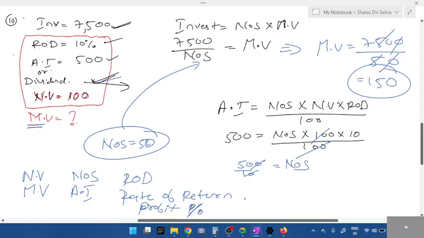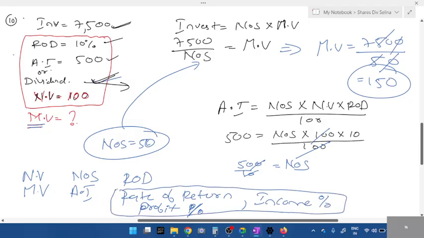This is also known as rate of return, profit percent, or income percent. Okay, these are the different names. We'll see, as we solve questions, we'll get other names.